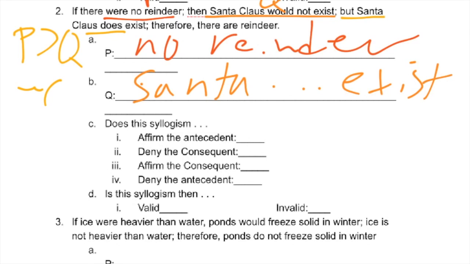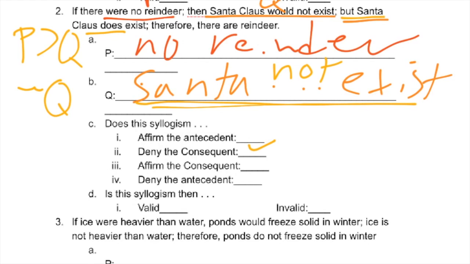So we're denying Q here. So this is denying the consequent. Remember, our consequent states that Santa Claus does not exist, whereas this next premise states that Santa Claus does exist. So it's negating the consequent, denying the consequent, and then as a result, we're stating a state of affairs opposite to what is stated in the antecedent, therefore not P. So this syllogism here is going to be valid.